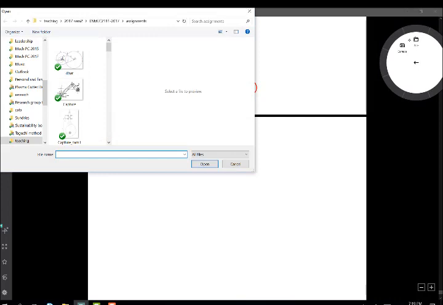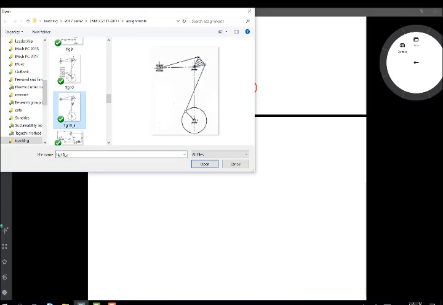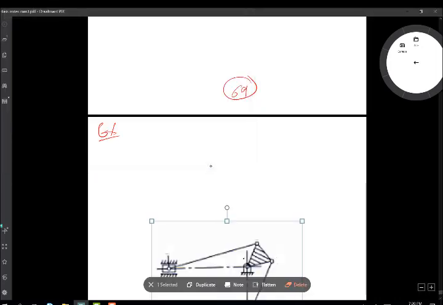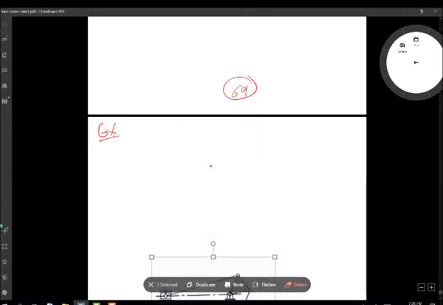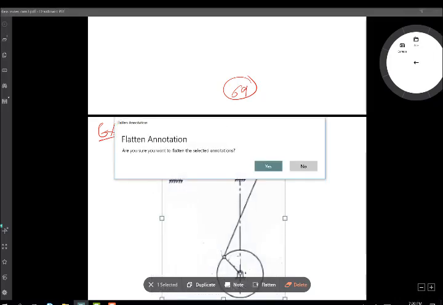So let's see if we can get an example with some points in it. Let's say something like that.